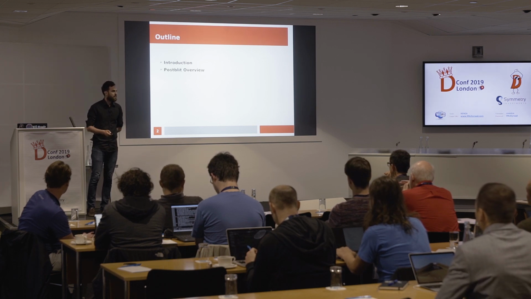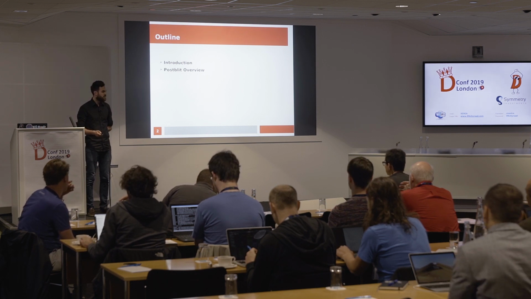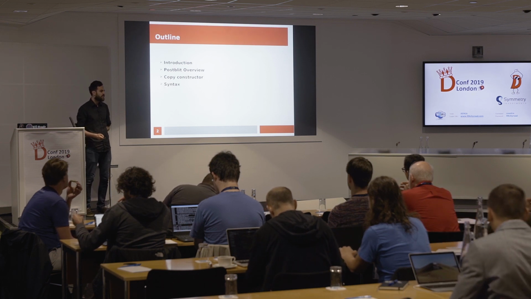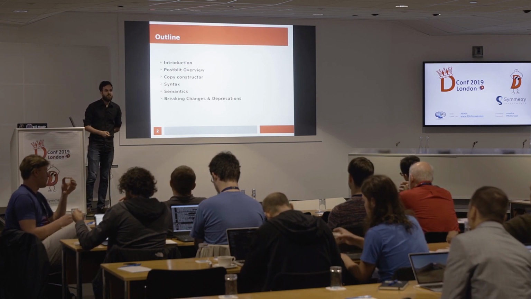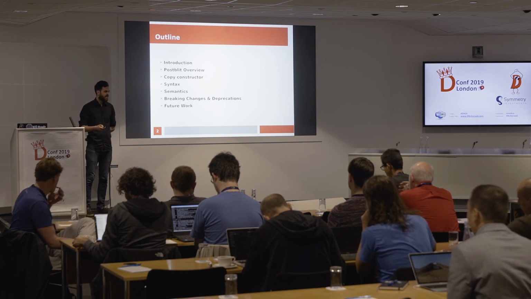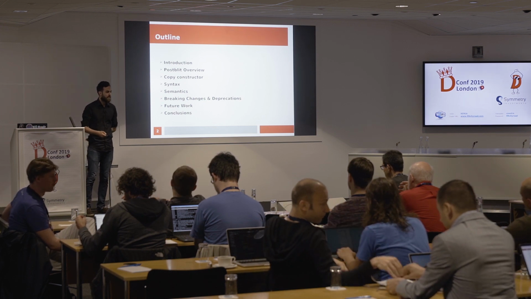Then I'm going to talk a bit about the post-blit, and I'm going to highlight its issues. And then finally, I'm going to get to the copy constructor. I'm going to talk about its syntax, the semantics, the breaking changes and deprecations that the copy constructor brings in, and finally, how it can be improved. Then I'm going to wrap up with the conclusions.